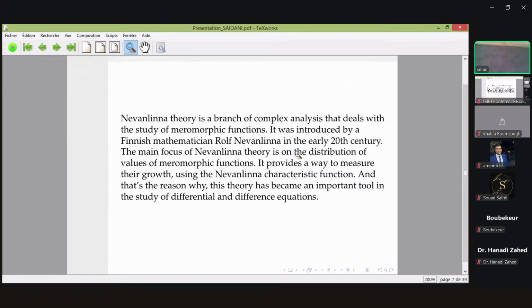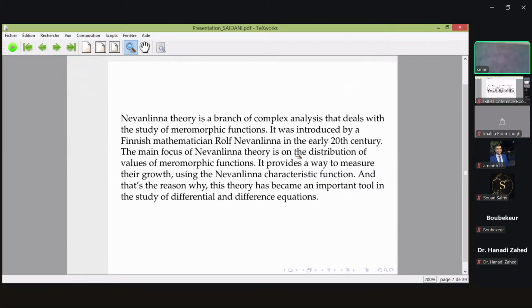It was introduced by Rolf Nevanlinna. It provides a way to measure their growth using the Nevanlinna characteristic function, and that's the reason why this theory has become an important tool in the study of differential and difference equations.